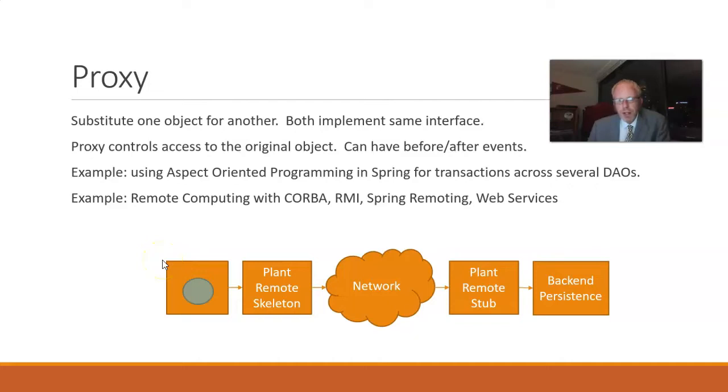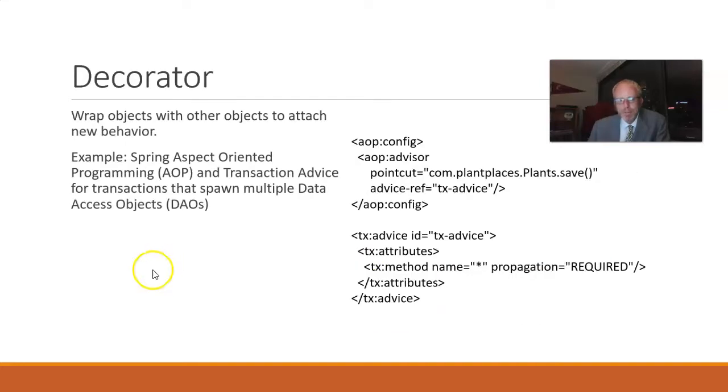So, user saves something, goes to this class we're going to call a skeleton class. Skeleton class is going to marshal or serialize this item, send it across the network. It's going to be picked up by the stub on the server side. Stub is going to deserialize the object, or unmarshal the object back into an object, and then it might persist it like so.